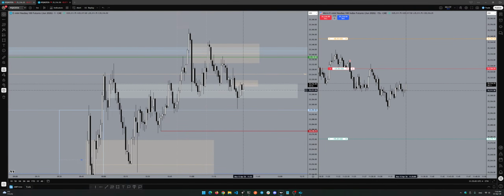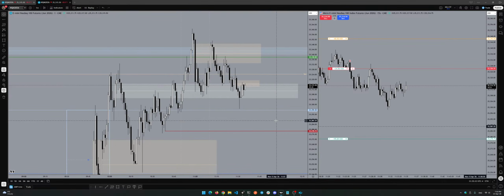Nope. Close at the midpoint and in the upper quadrant. Touch the midpoint.